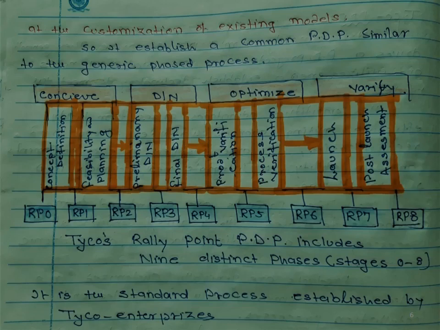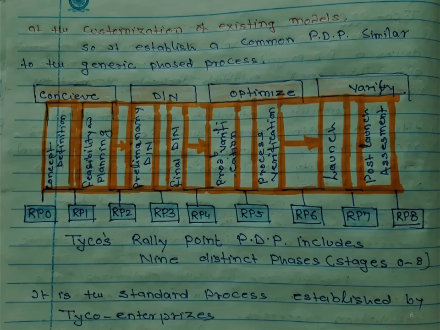They have to verify the product as well as the process, how the product is going to be produced. So they have to optimize the product as well as the process by which they are making the products. And then after, they launch the product and go for the post-launch assessment.